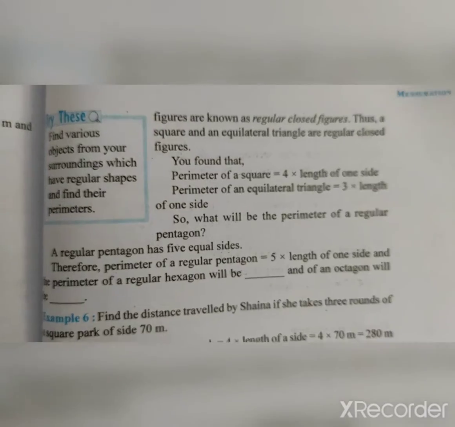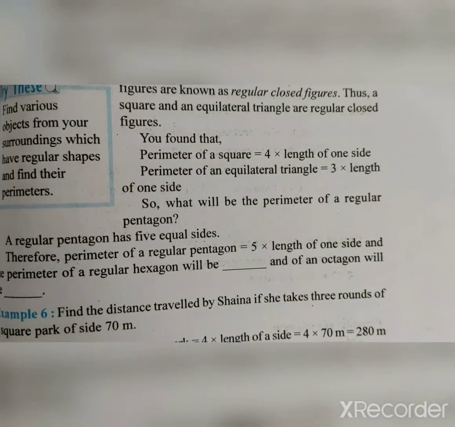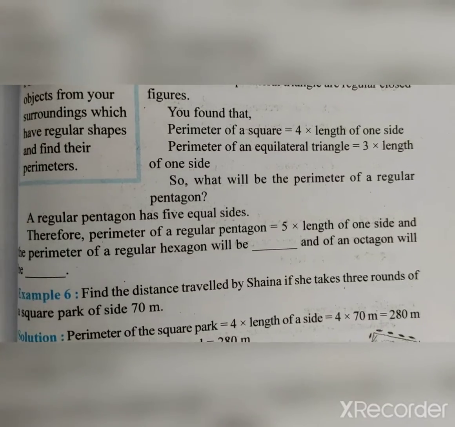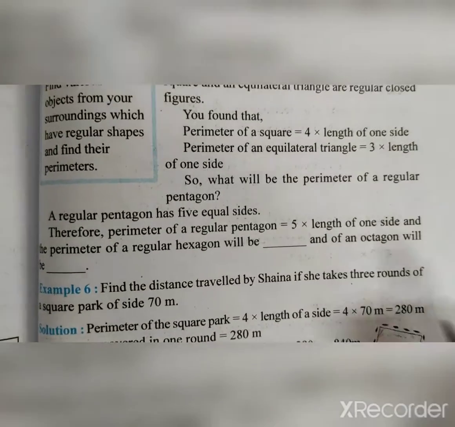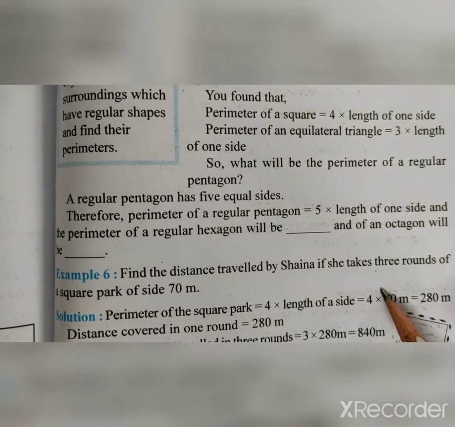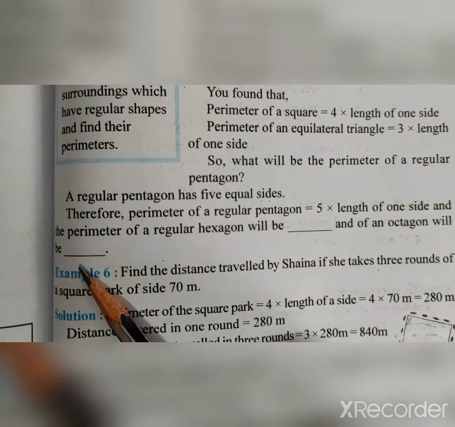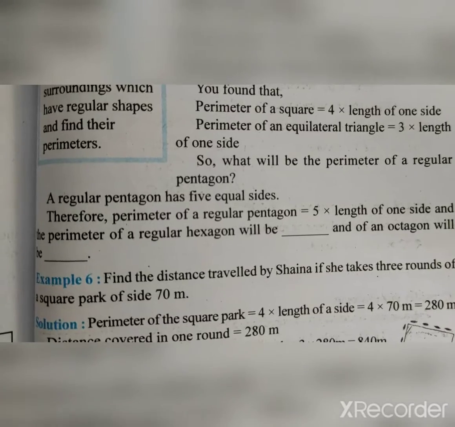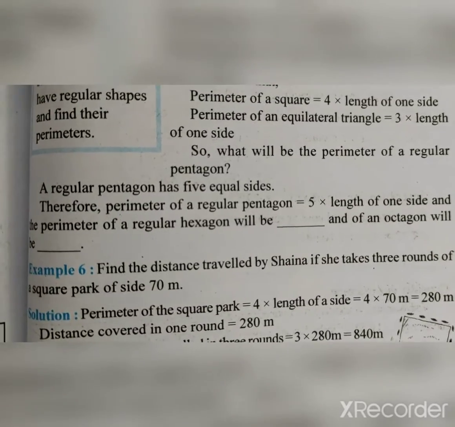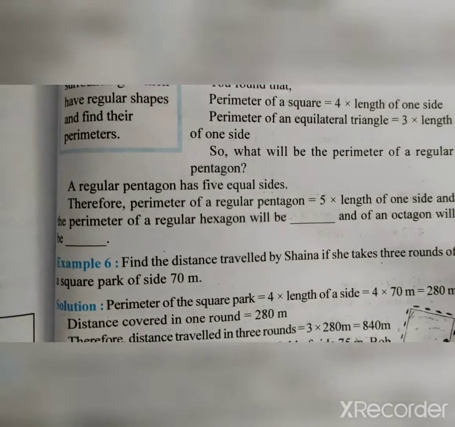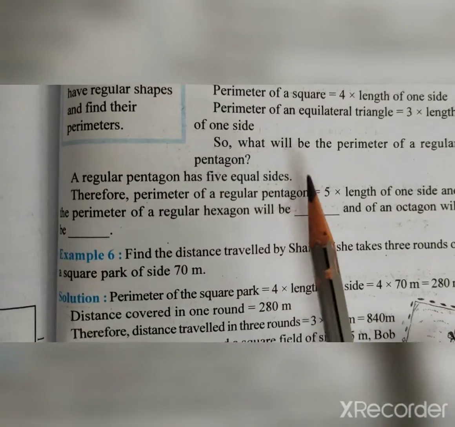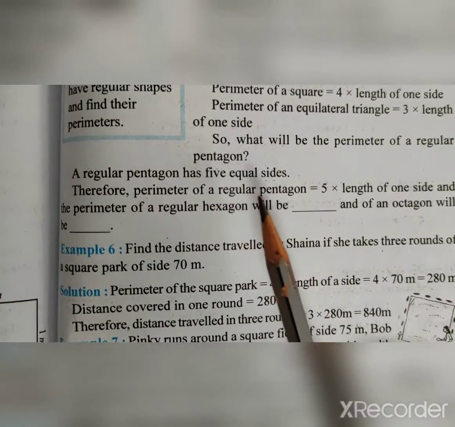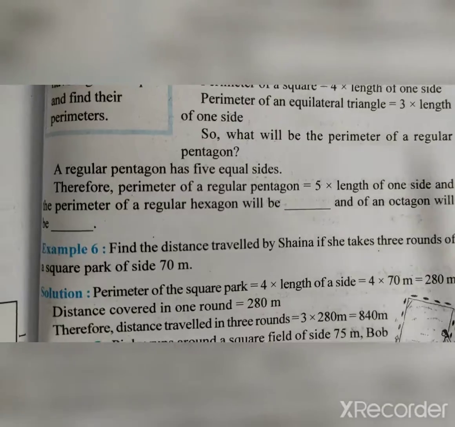A regular pentagon means all the sides of the pentagon are equal. How many sides in the pentagon? 5. So the formula for the perimeter of a regular pentagon is 5 into the length of a side. A regular pentagon has 5 equal sides, therefore the perimeter of a regular pentagon is equal to 5 into the length of one side.